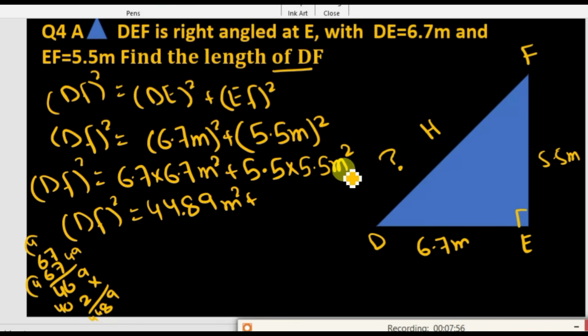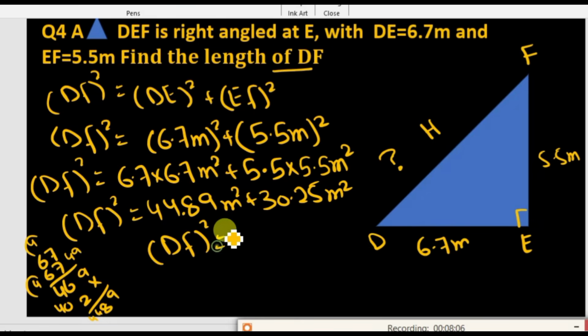Now 5.5 multiply 5.5 meter square. When you multiply it, the answer is 30.25 meter square. So DF square is equal to 44.89 plus 30.25.